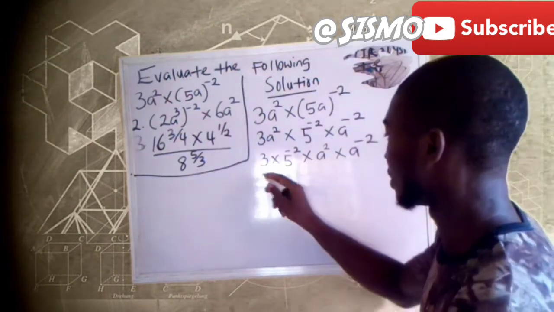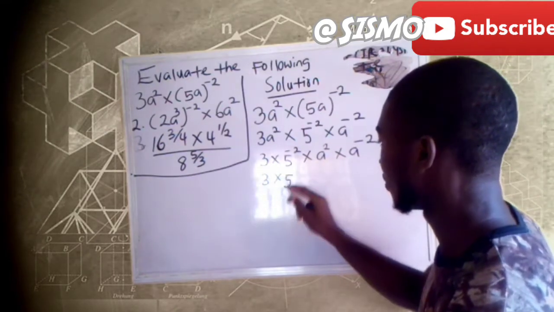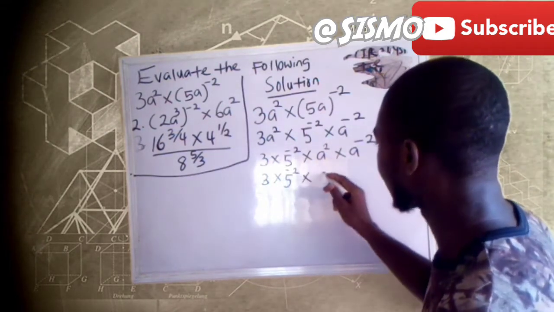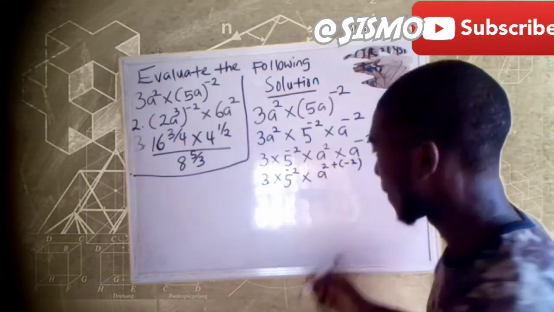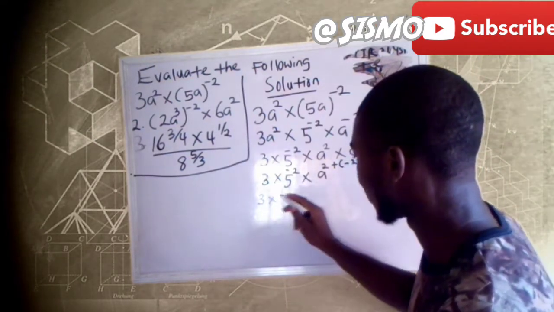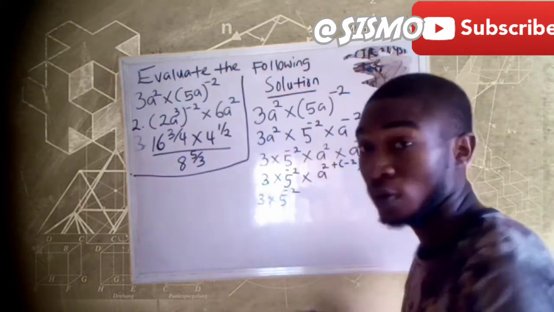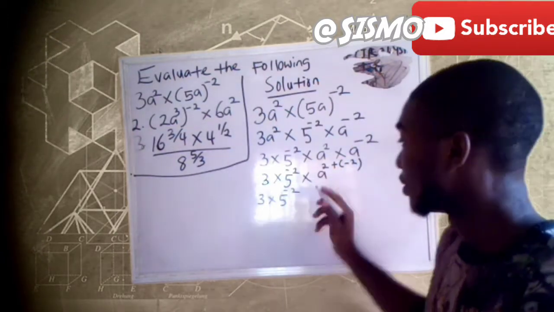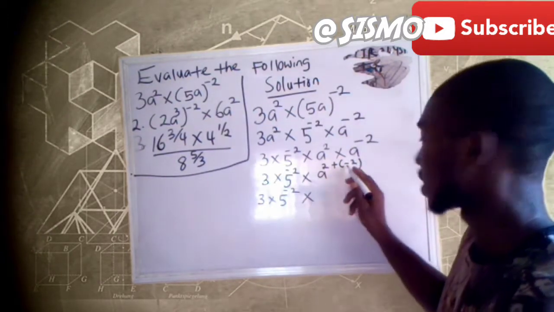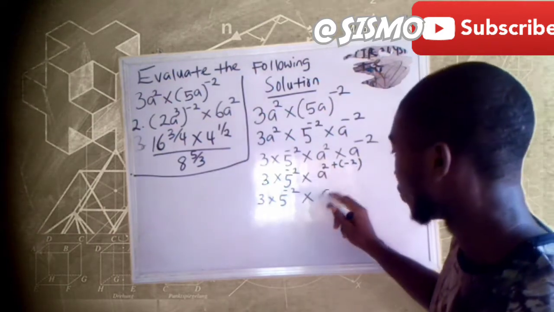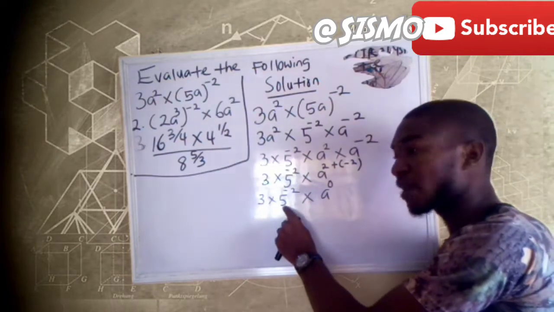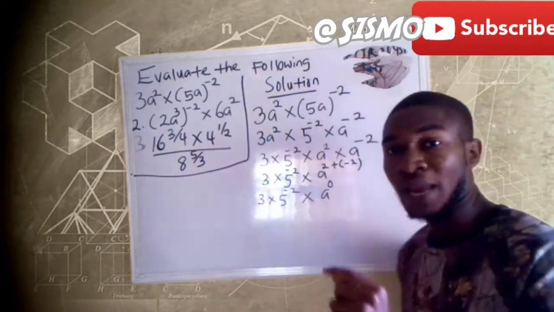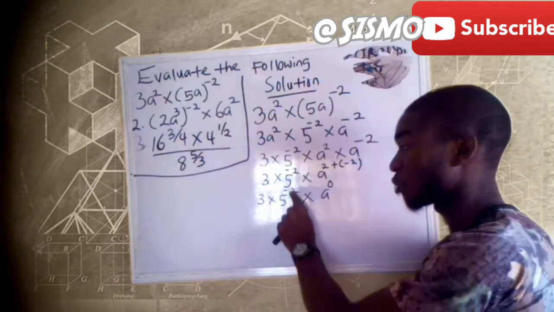So we now have 3 multiplied by 5 minus 2 times a raised to power 2 plus minus 2. So this will give us 3 times 5 raised to power minus 2, and plus times minus is minus, so this will give us a raised to power 0. Now, when we observe properly, we see 5 raised to power minus 2. So we can apply the law of negative index to the 5 raised to power minus 2.